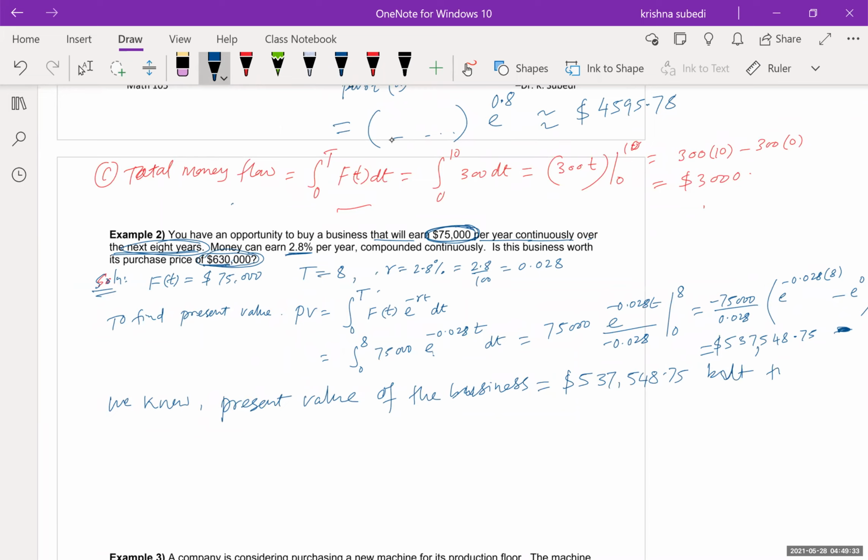But the value of the business at present is this much. Now the business actually advertised its price to be $630,000. Is it a good deal?